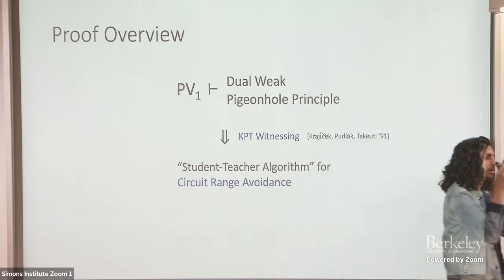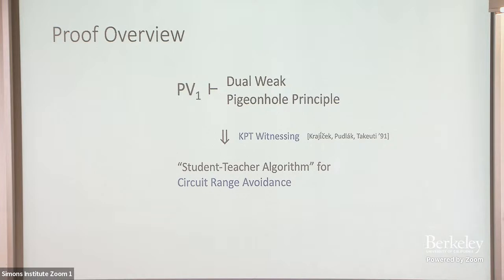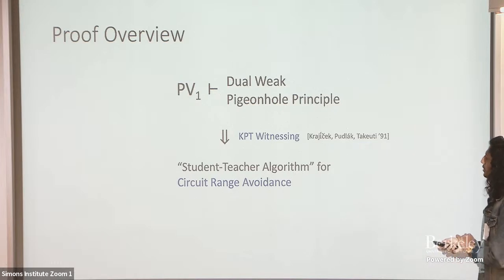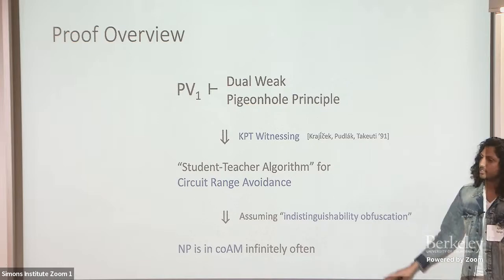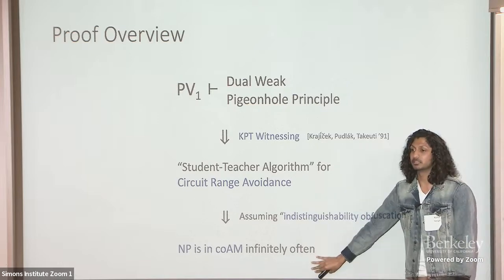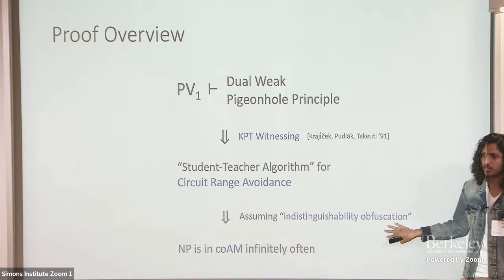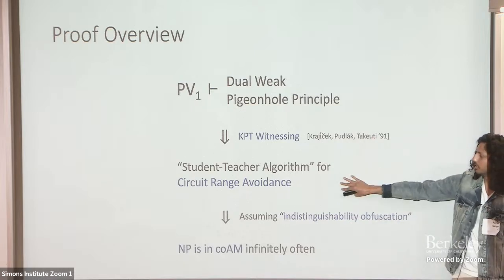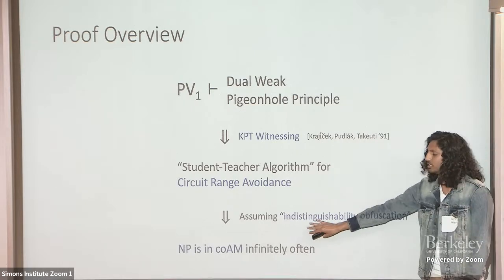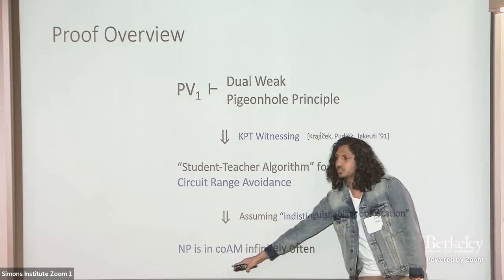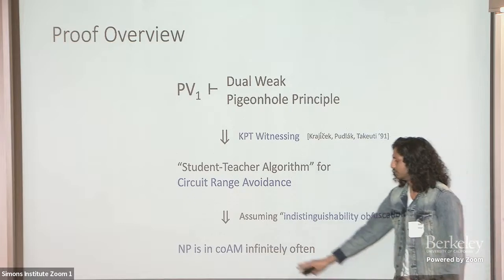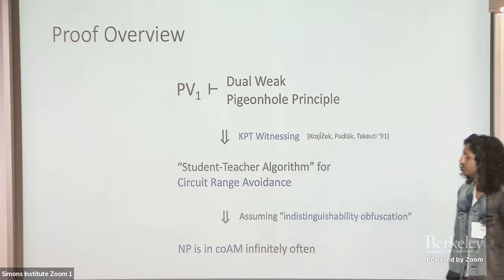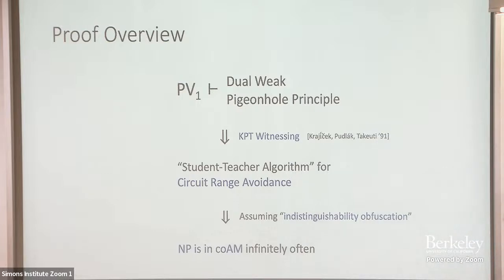So you transition from provability in PV1 to an algorithm for some related problem. And then the next step is to show that actually this algorithm doesn't exist. This is the part that uses indistinguishability obfuscation. Assuming you have indistinguishability obfuscation, this gives you a non-deterministic algorithm for verifying unsatisfiability, or in particular, NP is in coAM infinitely often.